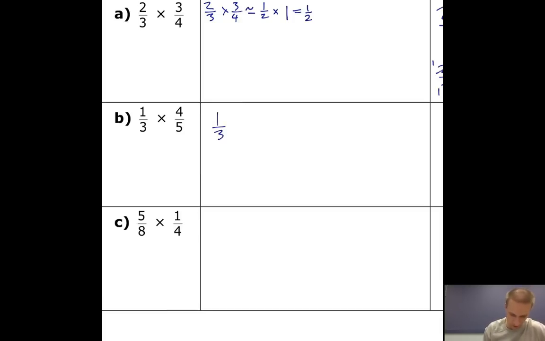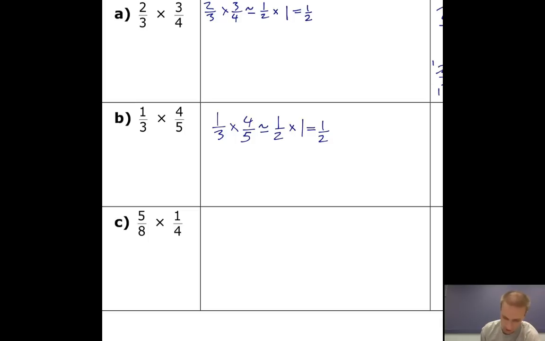If we want to do 1/3 times 4/5, what we may want to do is say that the 1/3, which is 0.3 repeated, is approximately 1/2. 1/2 is a much easier number to multiply than 1/3. And 4/5, well, it's pretty close to 1. So again, we could multiply these two and say that the product is approximately 1/2. I'm not saying it's exactly that, but approximately.